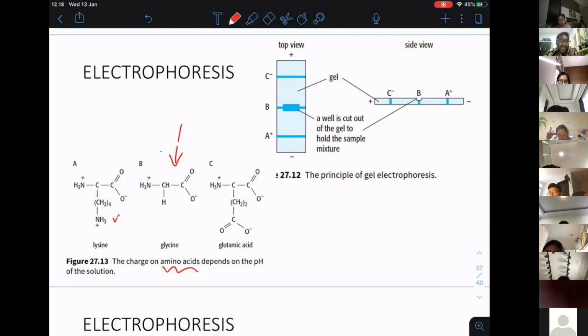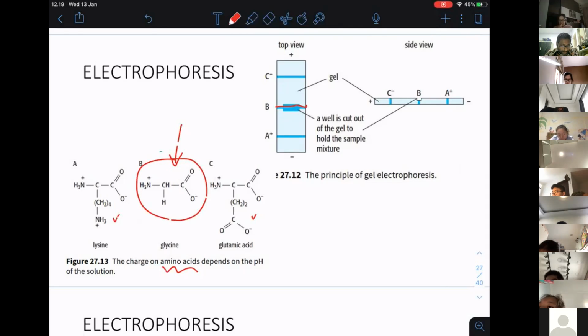If the R group is attached to something that has COOH, then it's going to be acidic. So the charge of the amino acids also depends on the pH of the solution. Generally zwitterions, positive and negative, cancel with each other, so they stay in the middle, kind of neutral.